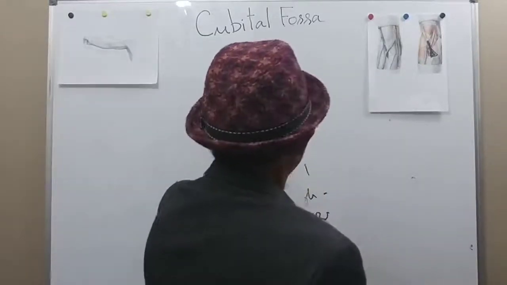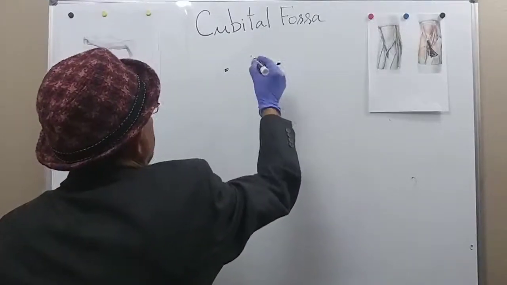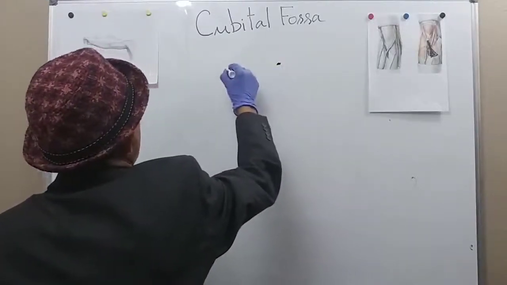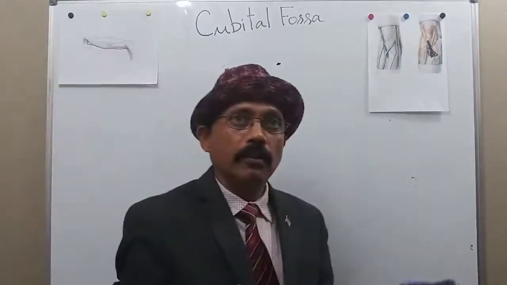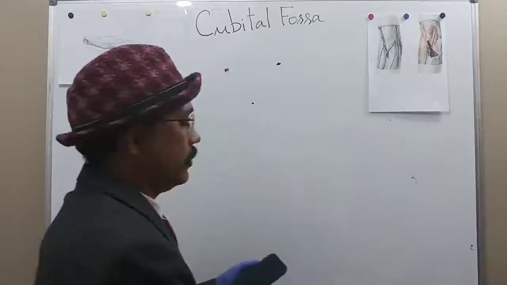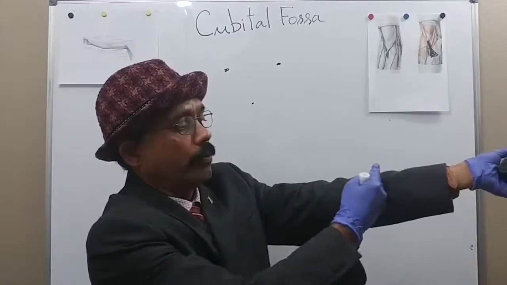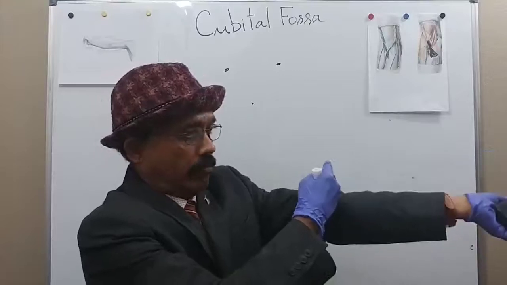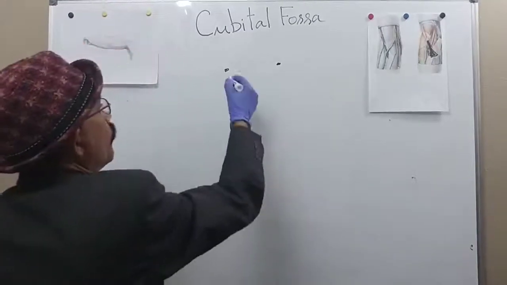We have a triangular depression situated on the front of the elbow, below the elbow on the upper part of the ventral aspect of the forearm. We have two muscles.